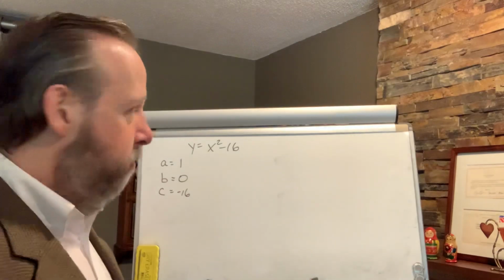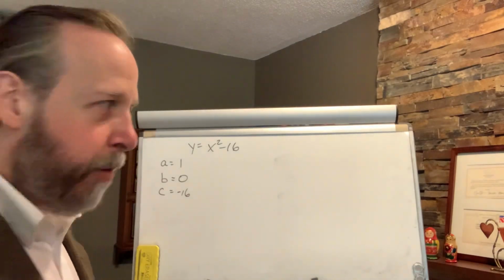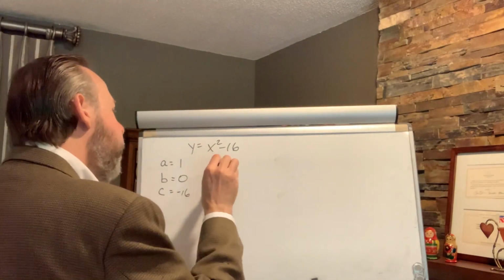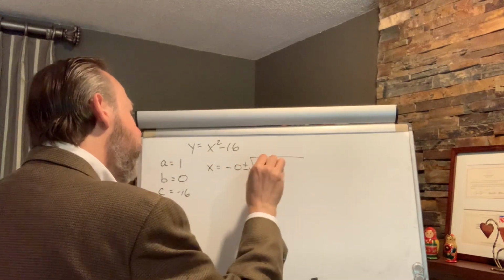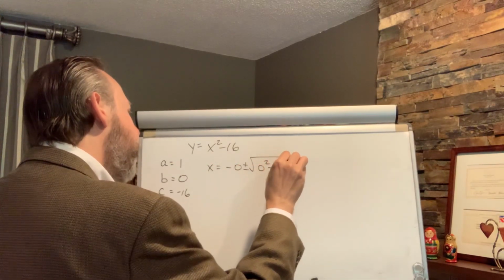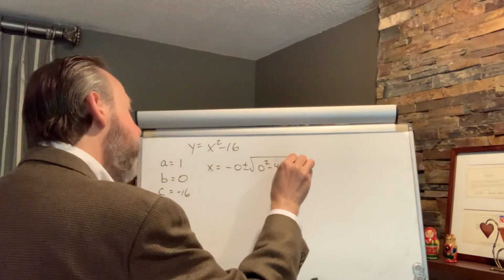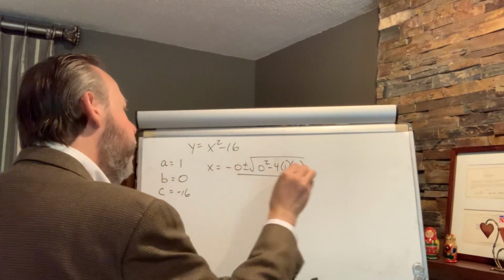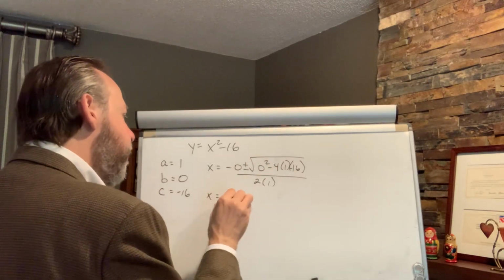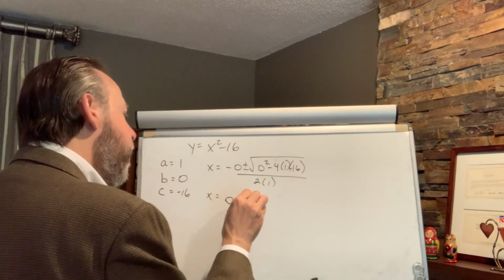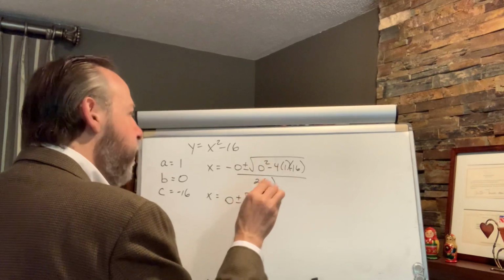Okay, now we just do the same thing we were doing before. X equals negative 0 plus or minus the square root of 0 squared minus 4 times 1 times negative 16, all over 2 times 1 this time. Okay, negative 0 is still 0. There's no negative 0. 0 squared is 0.